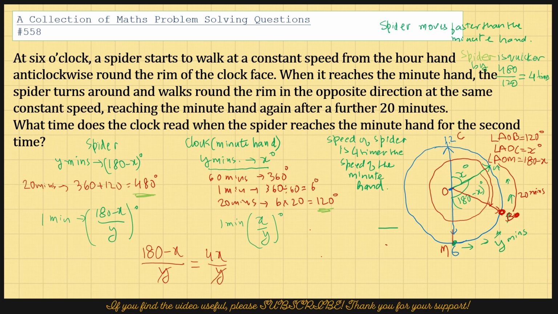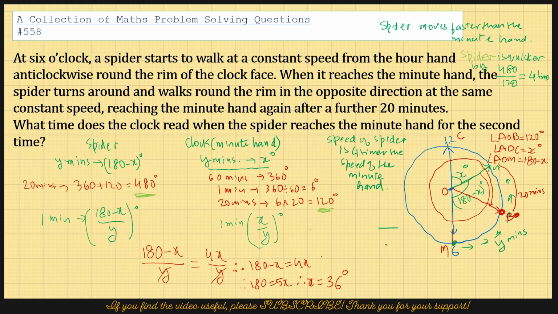If we cancel the y's, we get 180 minus x equals 4x, and therefore 180 equals 5x, and therefore x equals 36. So x is 36 degrees.